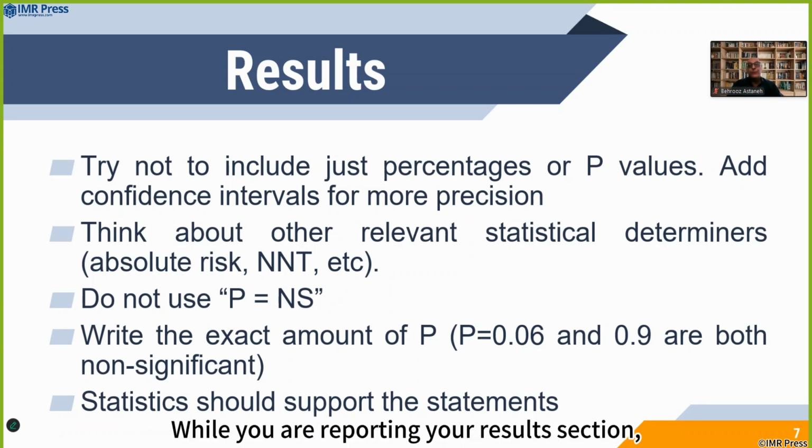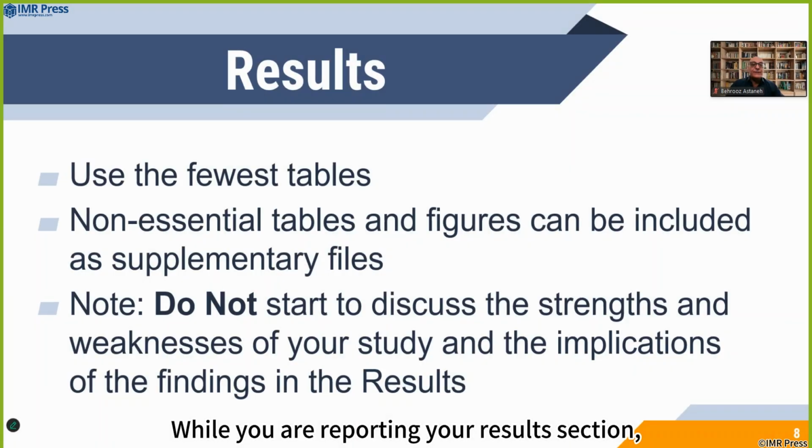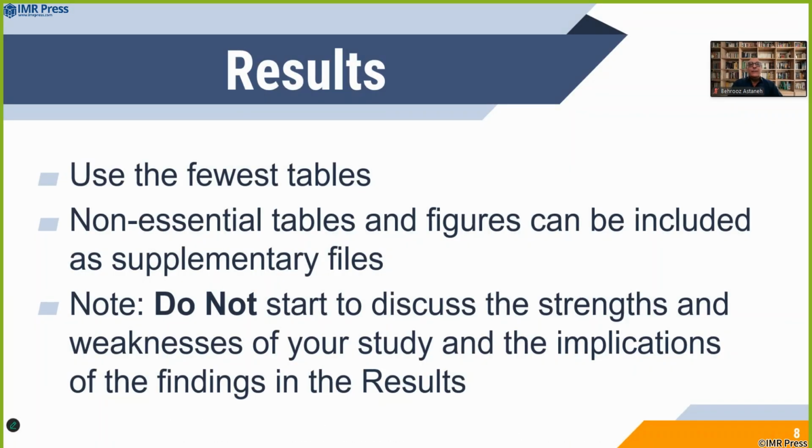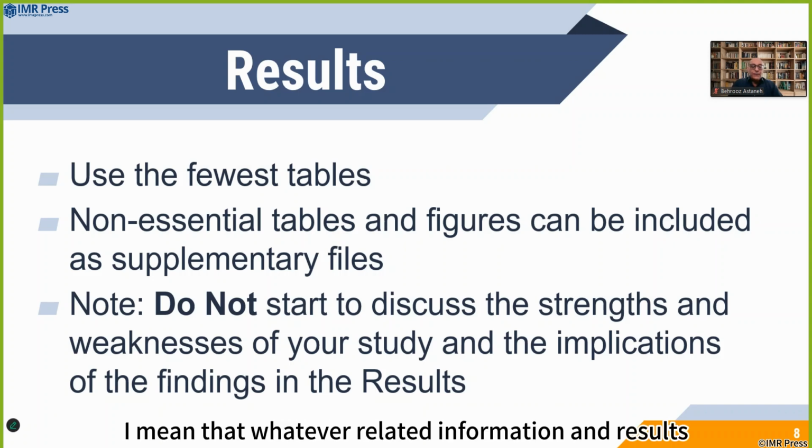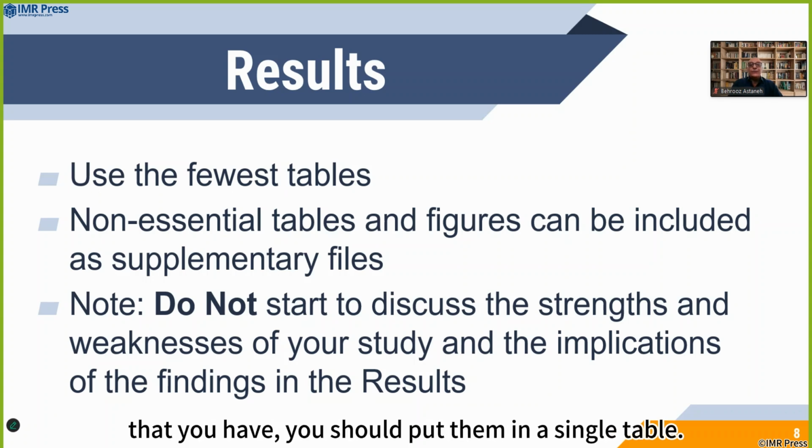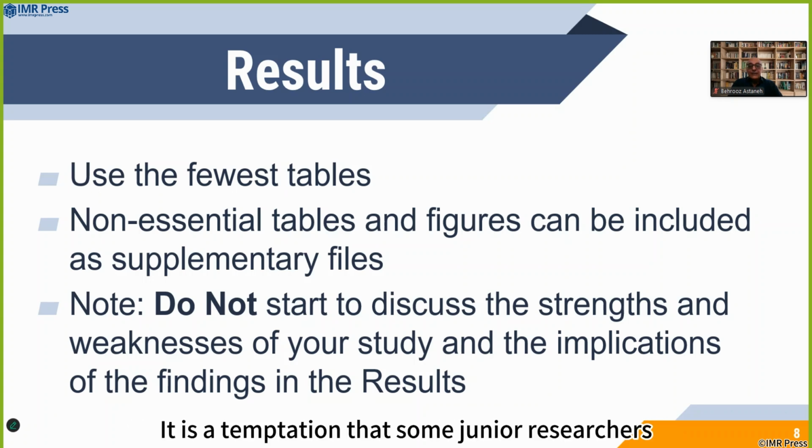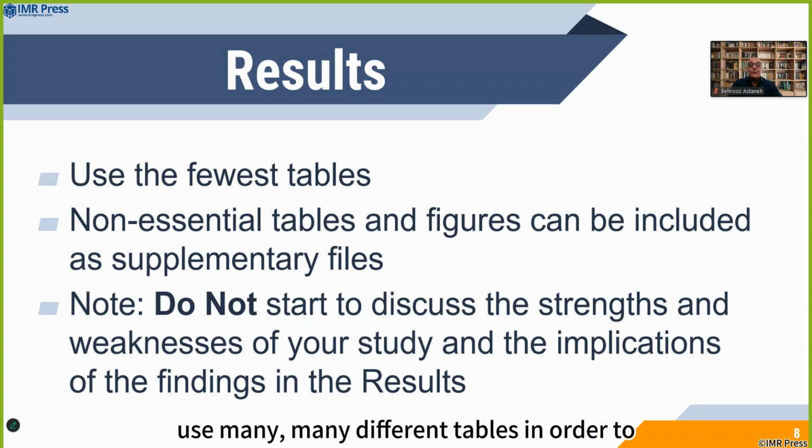While you are reporting your results section, use the fewest tables. What do I mean by this? I mean that whatever related information and results that you have, you should put them in a single table. It is a temptation that some junior researchers use many different tables in order to increase the page counts of their articles.